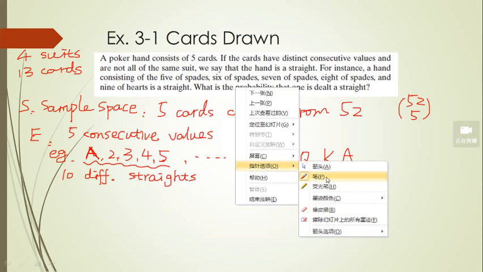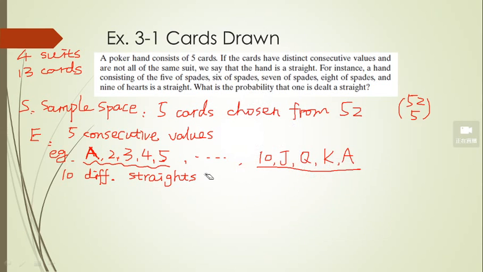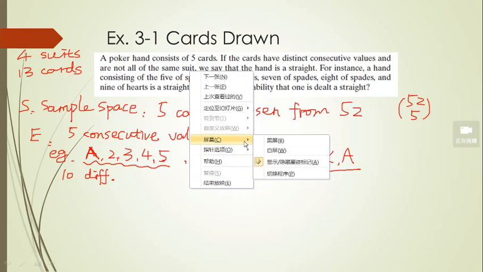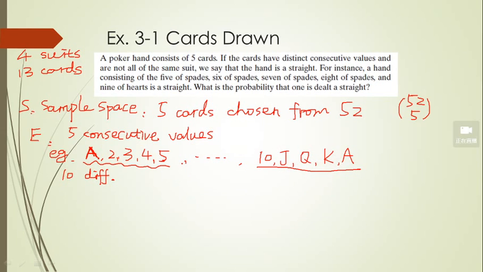Straight means not all the same suit. So we have 10 different sequences for the 5 cards.